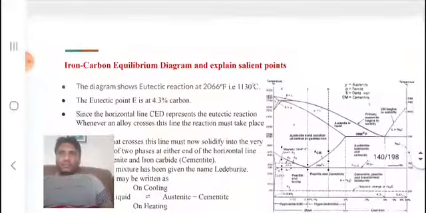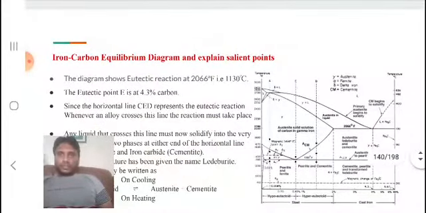So the diagram shows the eutectic reaction at 1130 degrees centigrade. The eutectic point E is at 4.3% carbon. The horizontal line CED represents the eutectic reaction. Whenever an alloy crosses this line, the reaction must take place.